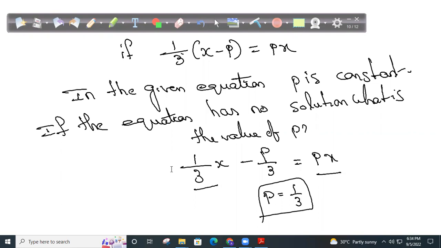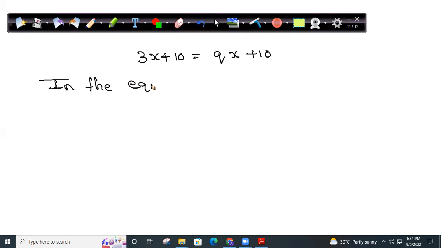Okay, next question I'm giving on the whiteboard. You see here. The question is 3x plus 10 is equal to qx plus 10. In the given equation, q is a constant.